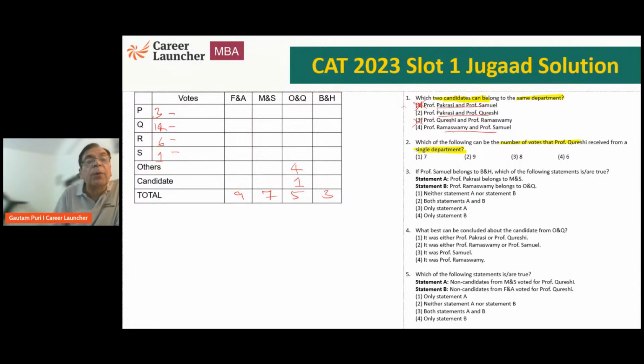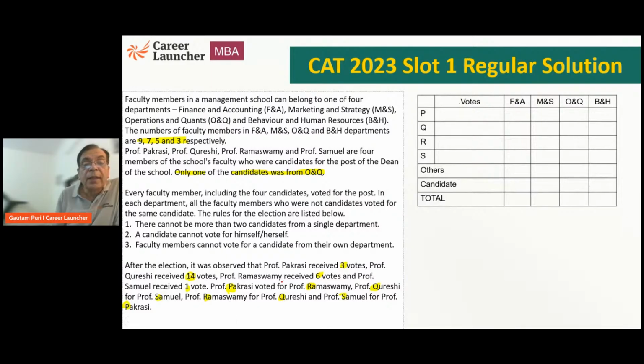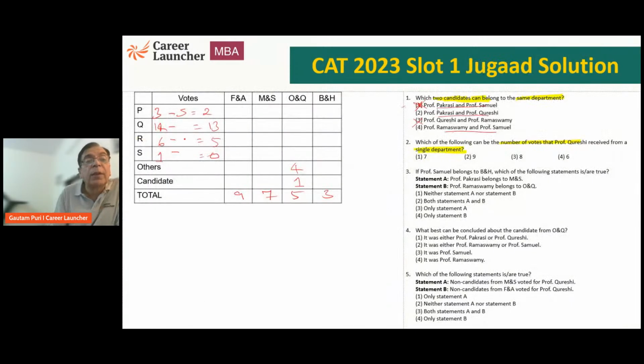So P got a vote from Professor S. And the remaining 2 votes is what we need to look at. So this is going to be 13 from the others. 6 minus 1, 5. 1 minus 1, 0. Then P voted for R. So Ramaswamy got the vote of Professor P.